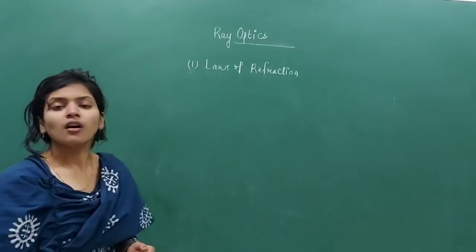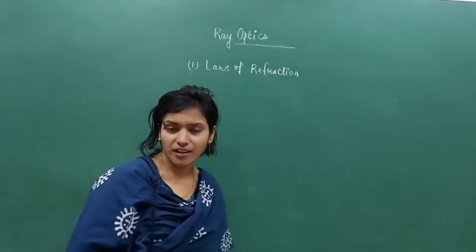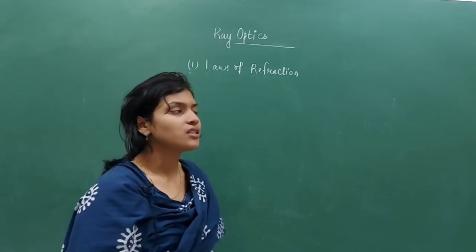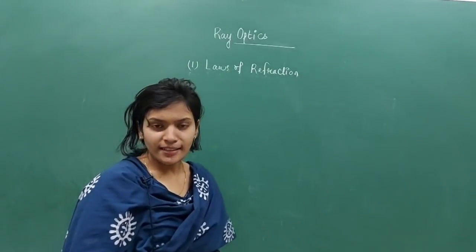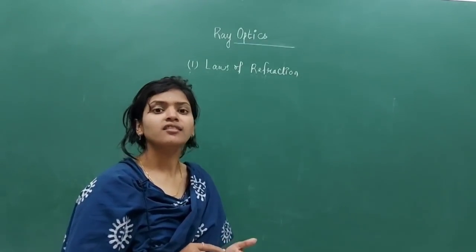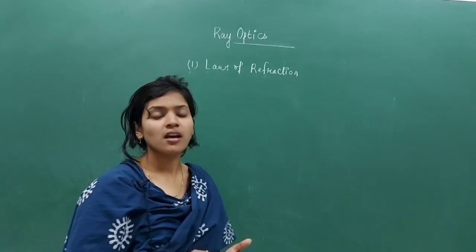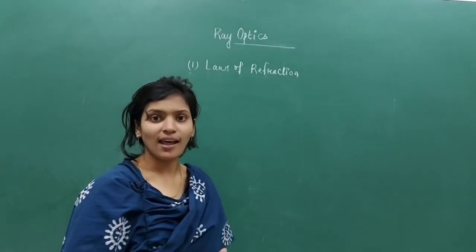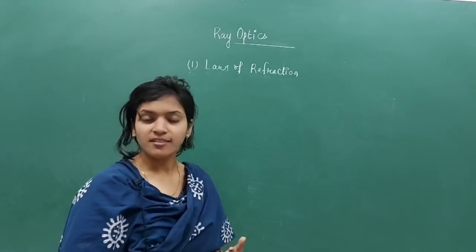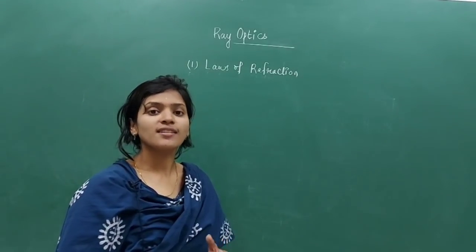Now, we have two laws of refraction. The first one: the incident ray, the refracted ray and the normal to the incident surface at the point of incidence all three lie on one plane. The second one is called Snell's law.